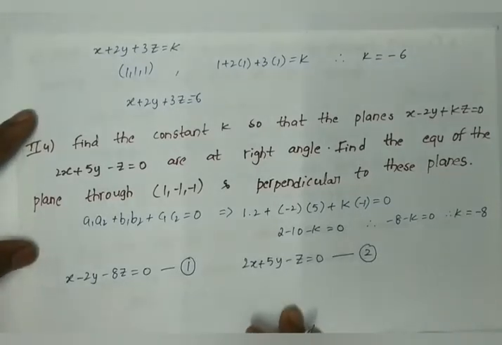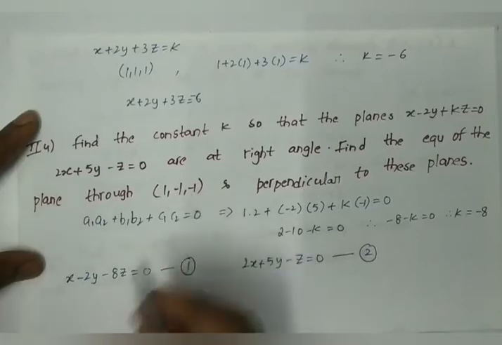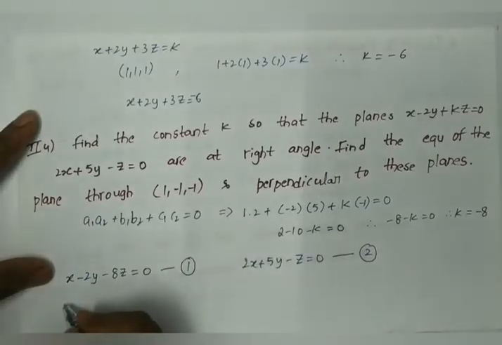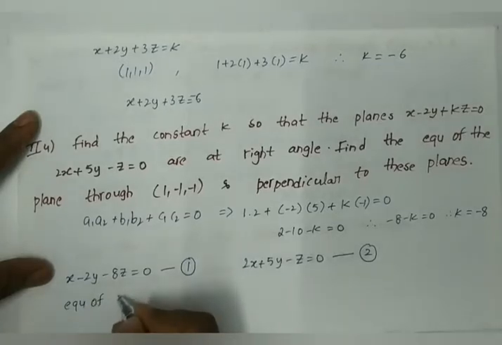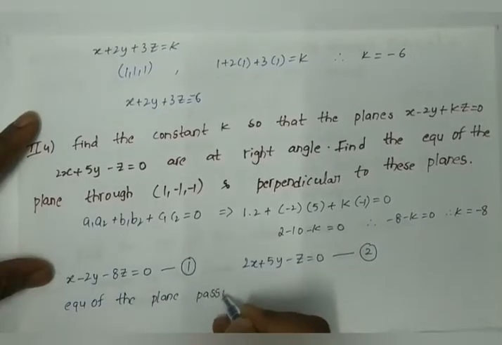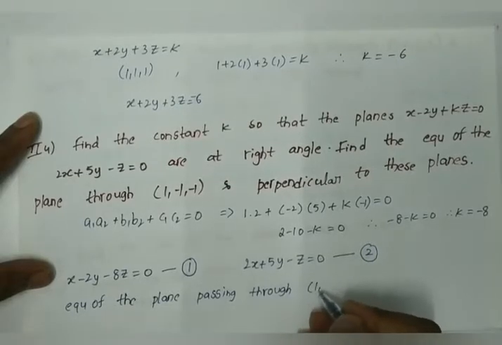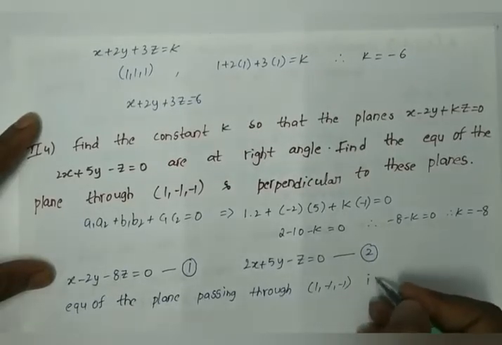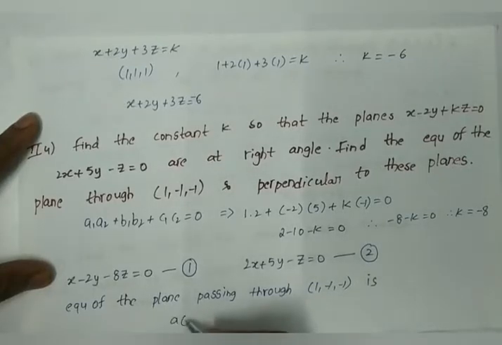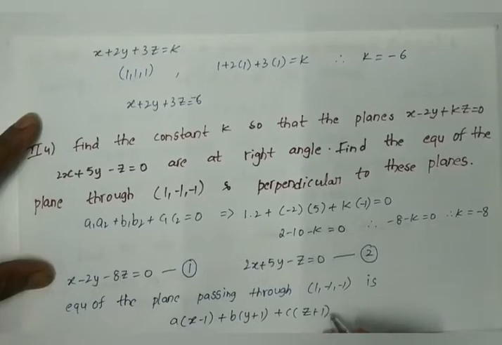Now let us consider the equation of a plane passing through the point (1, -1, -1), which is given by a into (x minus 1) plus b into (y plus 1) plus c into (z plus 1) is equal to 0.